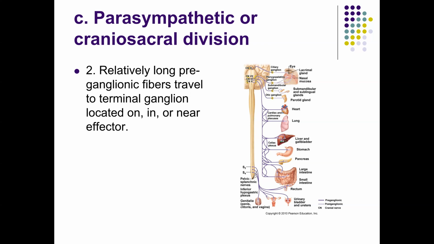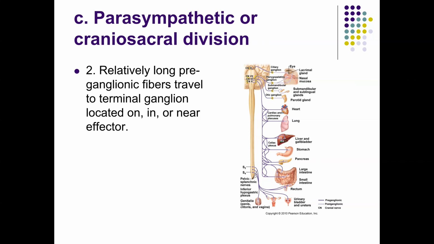So rather than in the sympathetic system, where the preganglionic fiber travels from the spinal cord to right outside the spinal column, and then the postganglionic fiber travels from that ganglion right outside the spinal column to the effector organ, in the parasympathetic system the preganglionic fiber travels from its origin in the spinal cord almost to the effector organ, where it synapses with the postganglionic fiber. Okay, so that's a major difference.